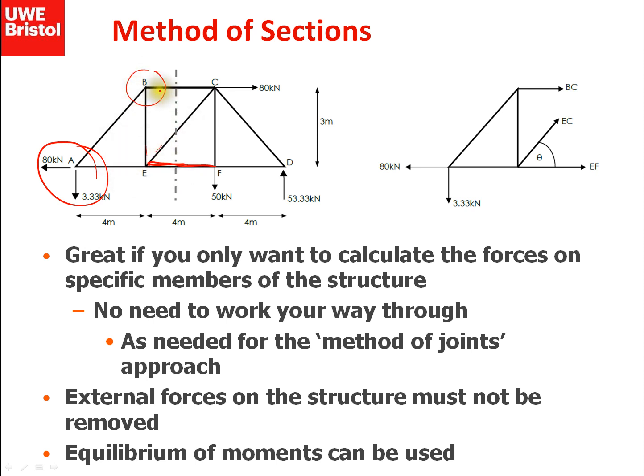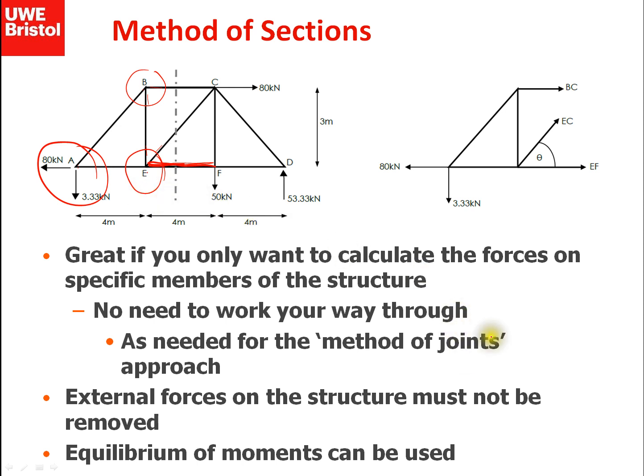If I go to joint B, there's only 2 unknowns. So I'd need to go to joint A, then to joint B, and then I could be in a position of going to joint E. So to find the force inside this particular member, EF, I would have to do 1, 2, 3 joints.